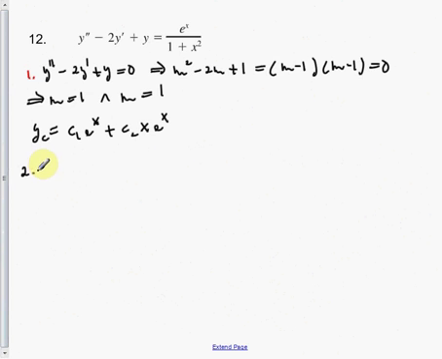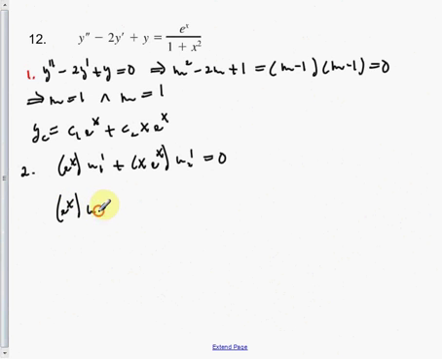Step number 2. So here we have e to the x times u sub 1 prime plus x times e to the x times u sub 2 prime is equal to 0. Take the derivatives of the y sub 1, the y sub 2. So the derivative of e to the x is still e to the x.